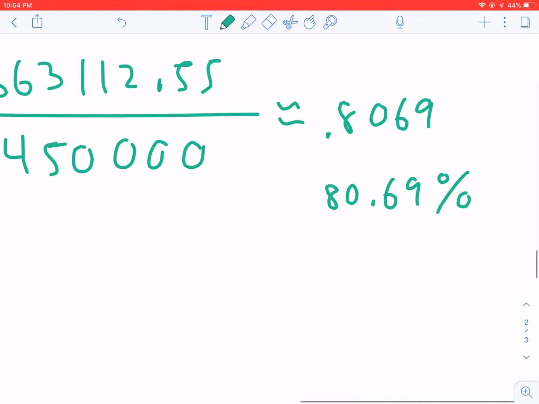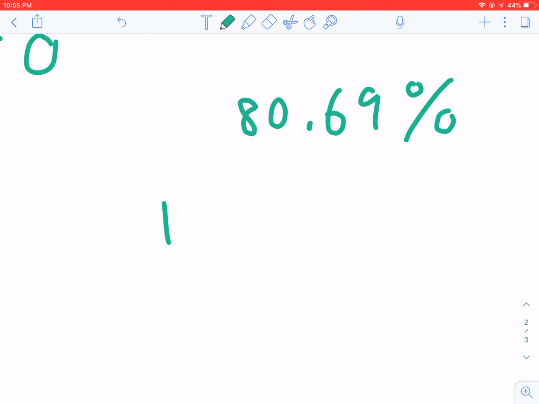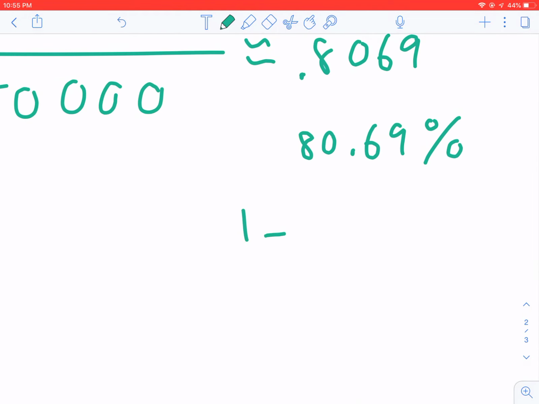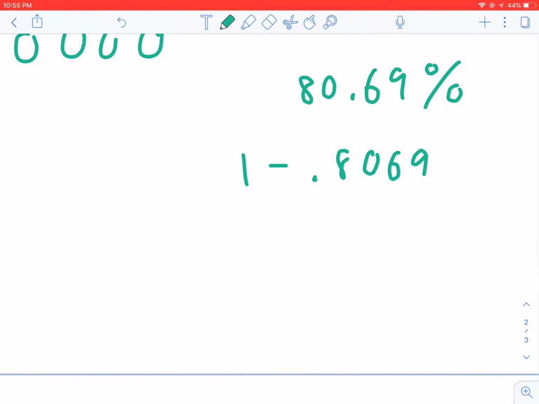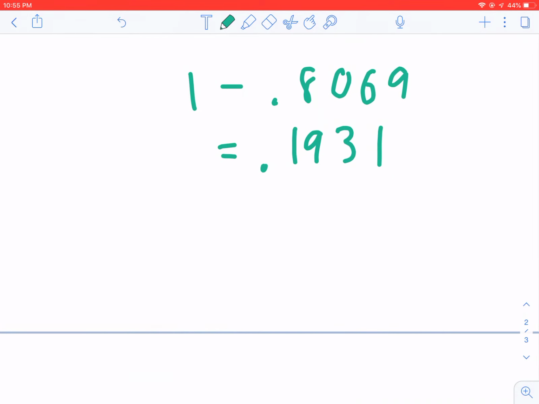What we have to do is 1 minus 0.8069, or 100% minus 80.69%. And so when we do that, what we get is 0.1931. In other words, it decreased by 19.31%.